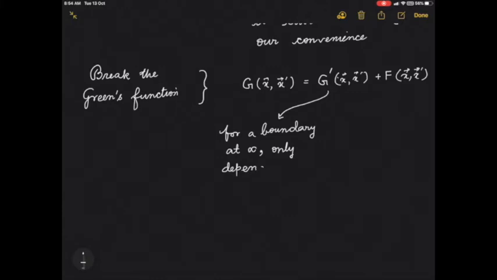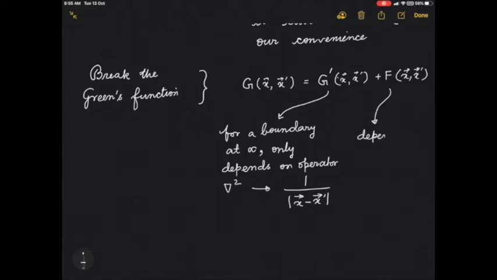So this G prime only depends on the operator. So this, in case of Laplacian, is 1 over mod of x minus x prime. This, on the other hand, depends on the boundary.